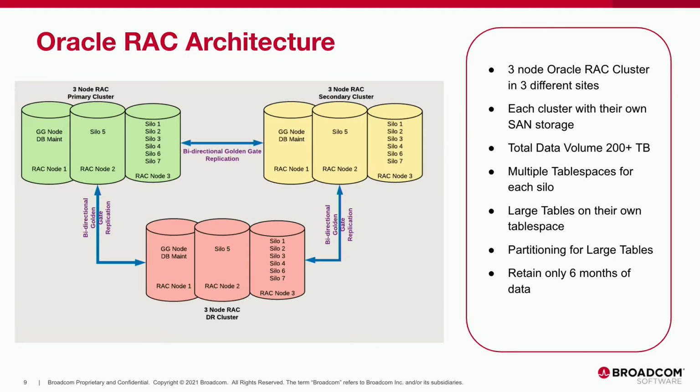And then we had a DR in a different data center, 3,000 miles apart, running again different storage and everything. We had bidirectional GoldenGate replication going across between all 3. It was a pretty complex GoldenGate setup, and there were challenges with it, but it worked.